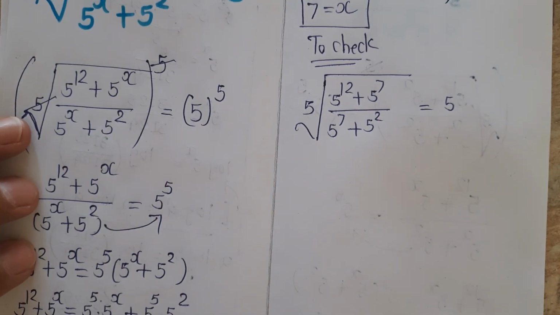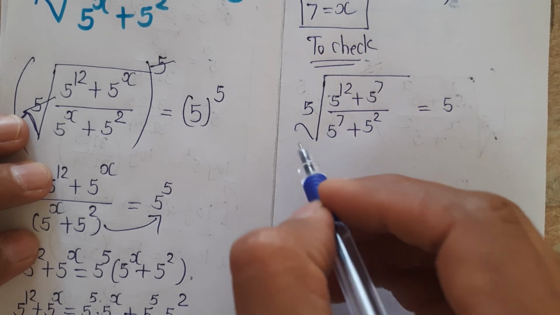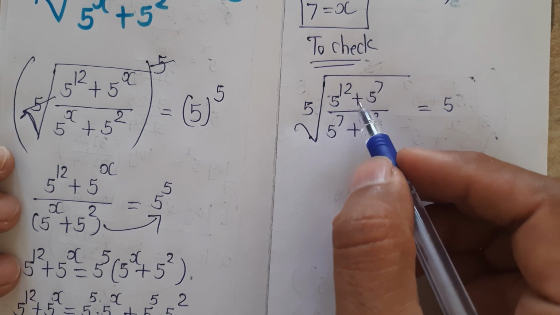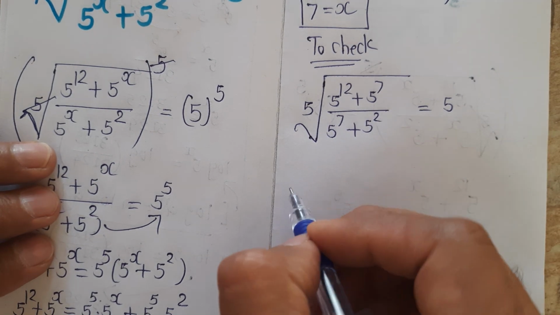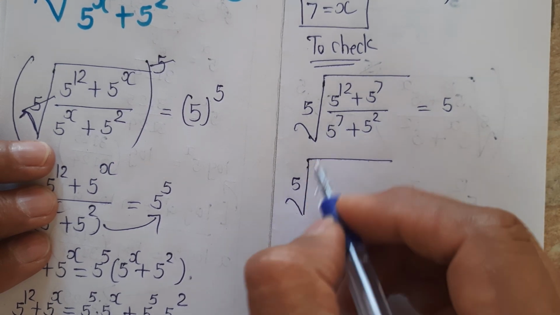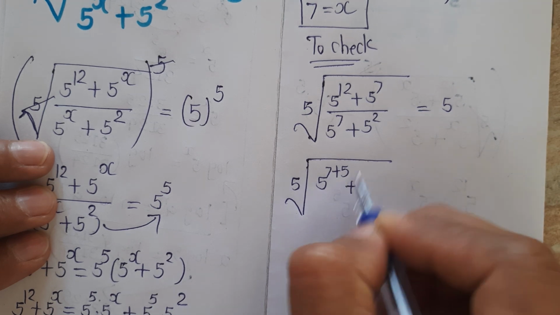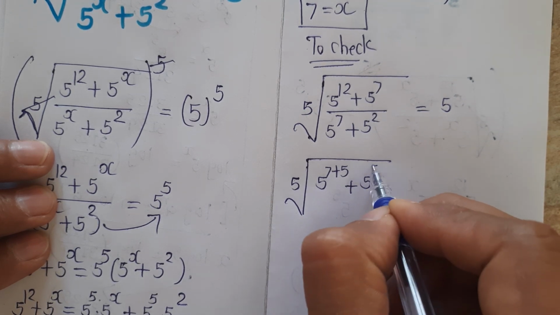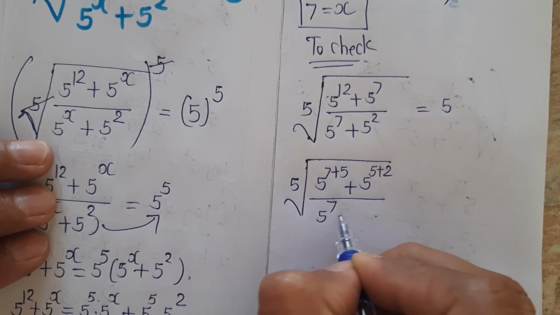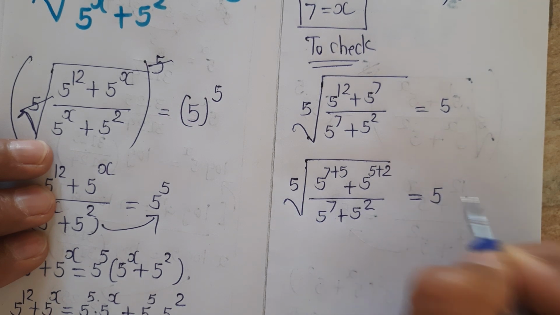In the next step, we will try to apply some logic over here. What kind of logic? Can we make something common in this equation? Yes. So let's try to make something common. Here 5 raised to 12 is 7 plus 5, and 5 raised to 7 is 5 raised to 5 plus 2, and in division we have 5 raised to 7 plus 5 raised to power of 2.